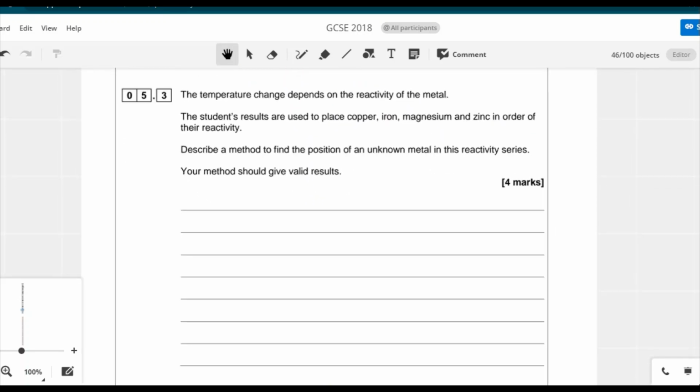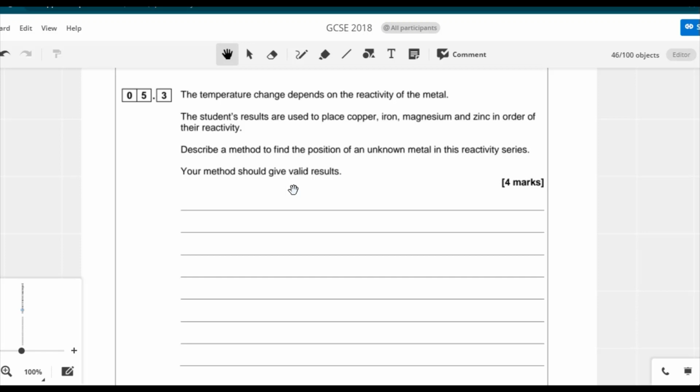Okay, the next question. The temperature change depends on the reactivity of the metal. The student's results are used to place copper, iron, magnesium and zinc in order of their reactivity. Describe a method to find the position of an unknown metal in this reactivity series. Your method should give a valid result.